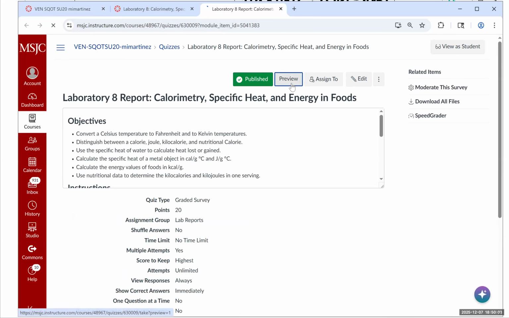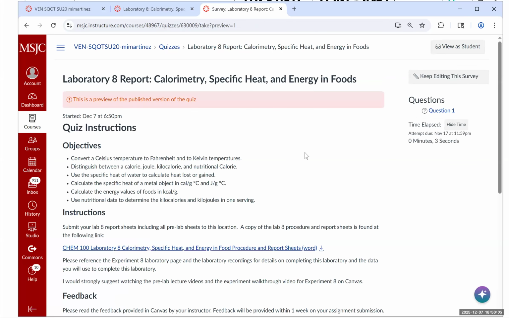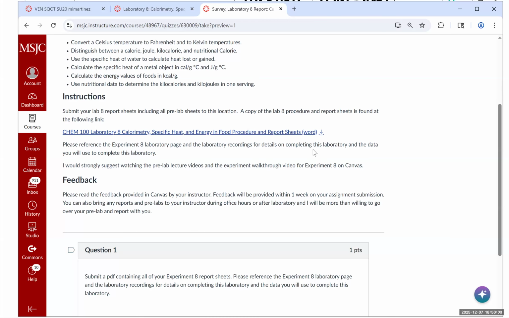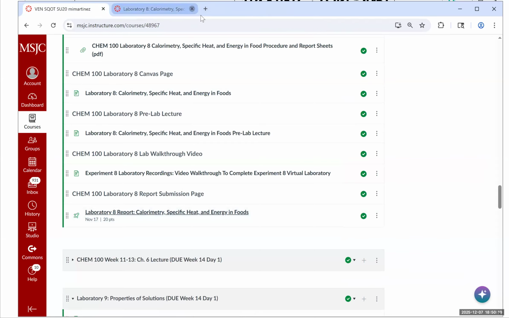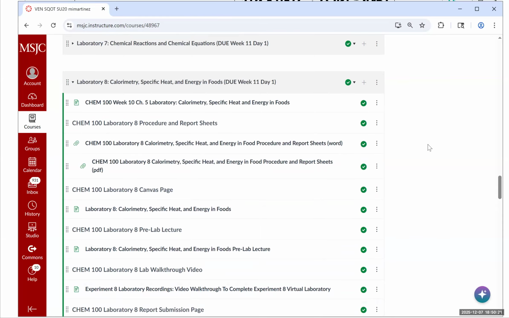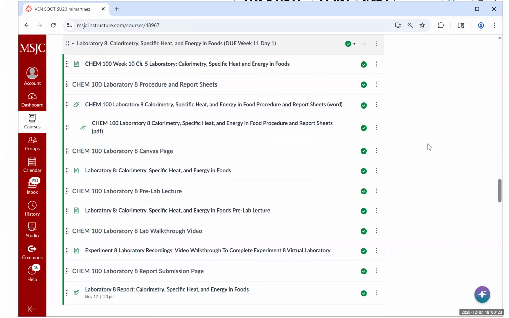In this page, when you open the assignment, you'll take either your photos or a Word or PDF document, and you'd upload that file into the following upload link. So that concludes our run through of Laboratory 8, and we'll discuss the next labs in a future video.